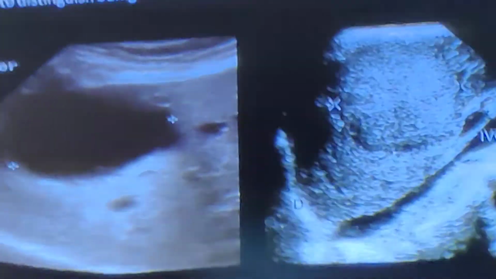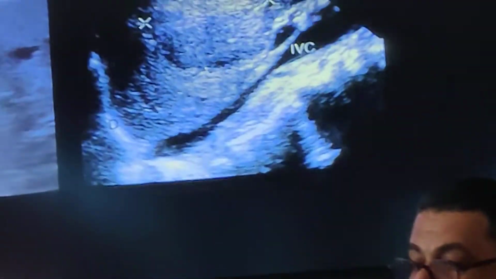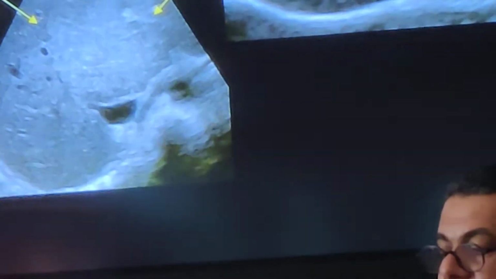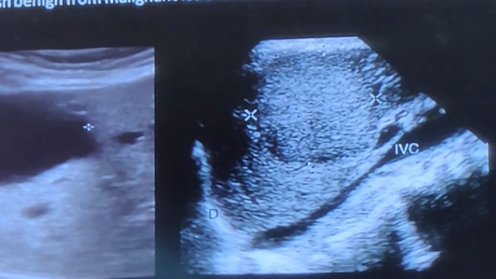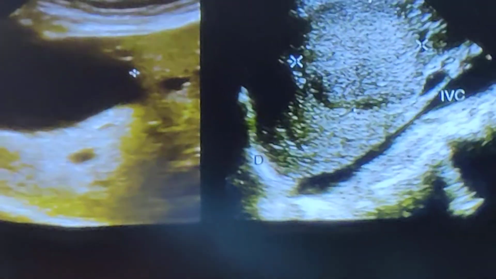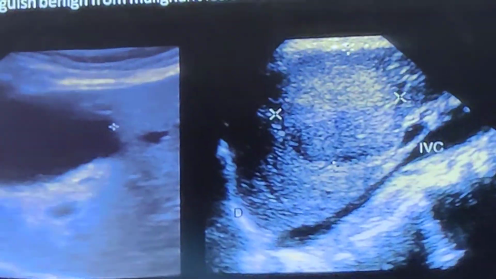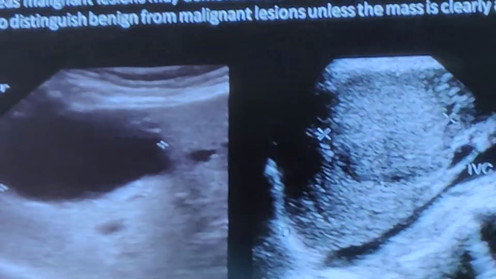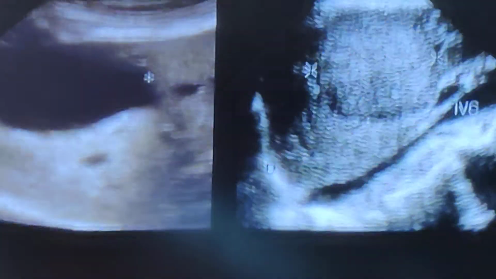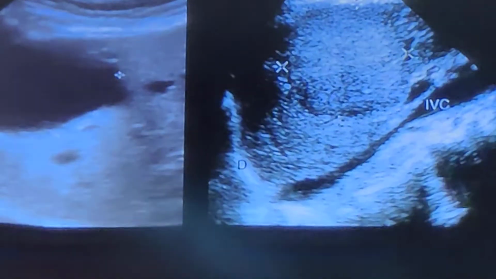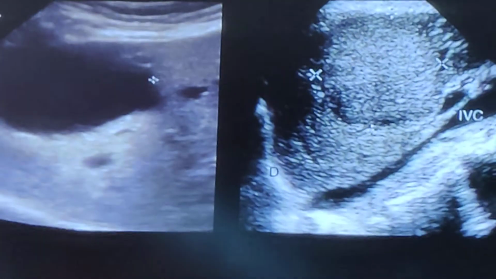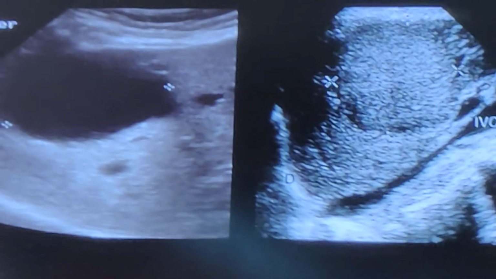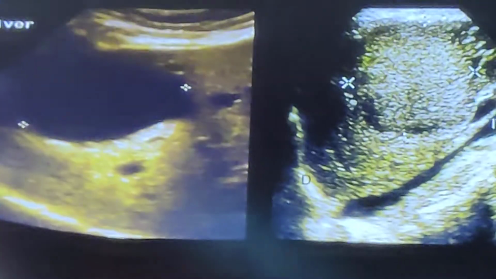The cysts are echo-free and have thin visible walls and are usually benign. Whereas a solid or complex mass within the liver may be either benign or malignant. Theoretically, most benign solid masses are well defined and should demonstrate sharp, regular margins, and usually can be differentiated from the adjacent hepatic parenchyma, while malignant lesions usually demonstrate irregular borders and cannot be differentiated from the surrounding liver parenchyma.